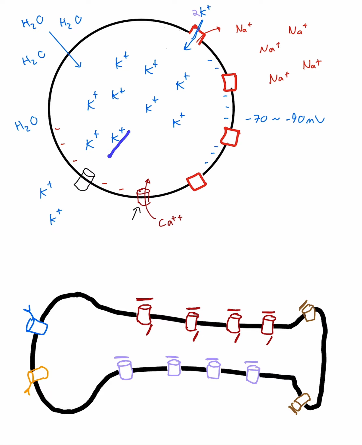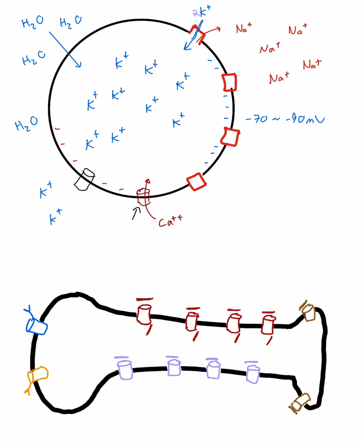And so potassium's moving out with a concentration gradient. It's also moving in with a charge gradient because it has a positive charge. So potassium will move in because it's a positive moving towards a negative. Positives and negatives are relatively attracted to each other. So potassium's moving in following a charge gradient, or an electrical gradient, electrochemical gradient, and potassium's moving out following a concentration gradient.